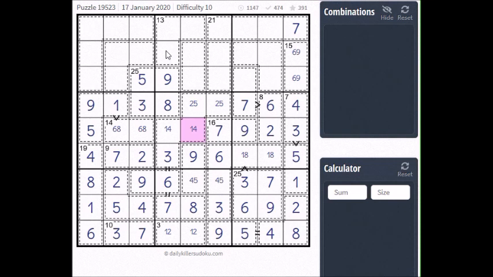Now note that the 13 does not include 1, 8 or 9, so this would exclude these possibilities. It also does not include a 7 because the 7 is in both cells here. So it must include a 6, and this is 6.